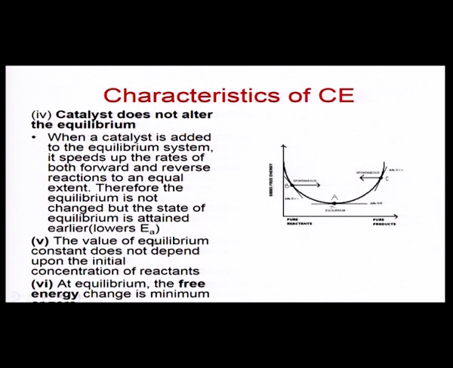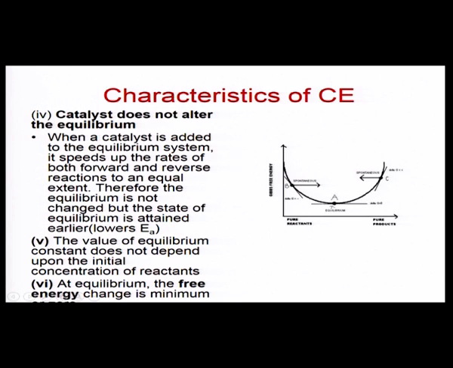And the value of the equilibrium constant does not depend on the initial concentration of the reactants. At equilibrium, the free energy change is minimum. This is again at the equilibrium condition, the thermodynamic parameter free energy, normally represented by G, is minimum for a particular reaction.